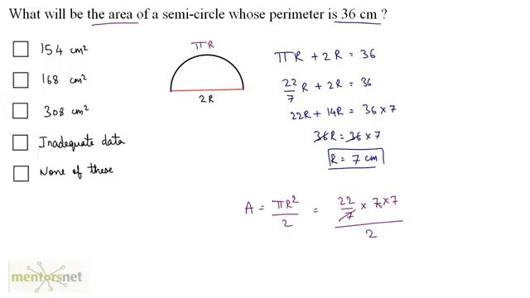Right? So this 7 and this 7 cancel out. We have 22 times 7 by 2, and 2 times 11 is 22. Now 11 times 7 is equal to 77 centimeter square, right? So none of our options have 77 centimeter square, so none of these would be the appropriate choice.